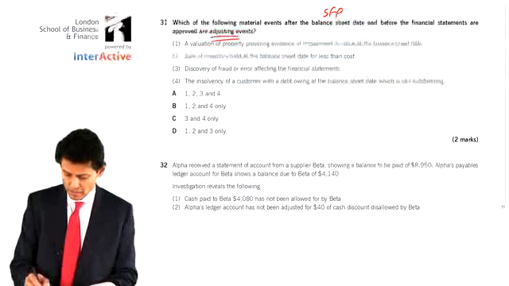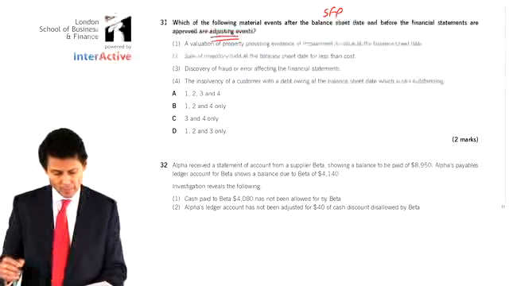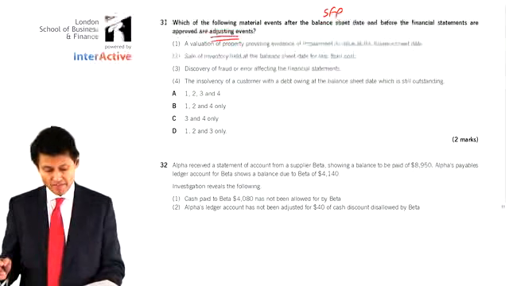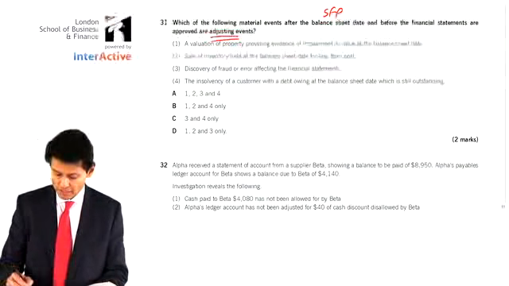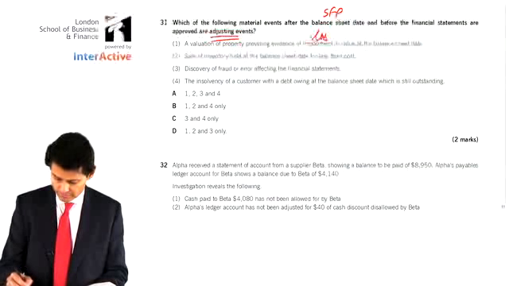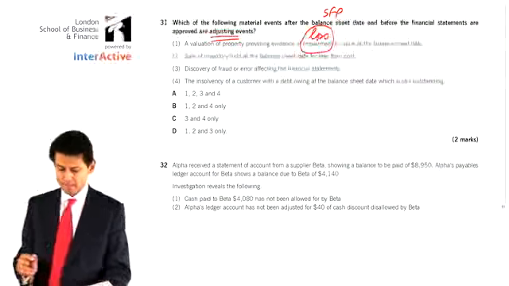So again, we have to just use our common sense. A valuation of property providing evidence of impairment in value at the balance sheet. Impairment means loss in value. Lost value. Impairment is a loss, something becoming impaired.